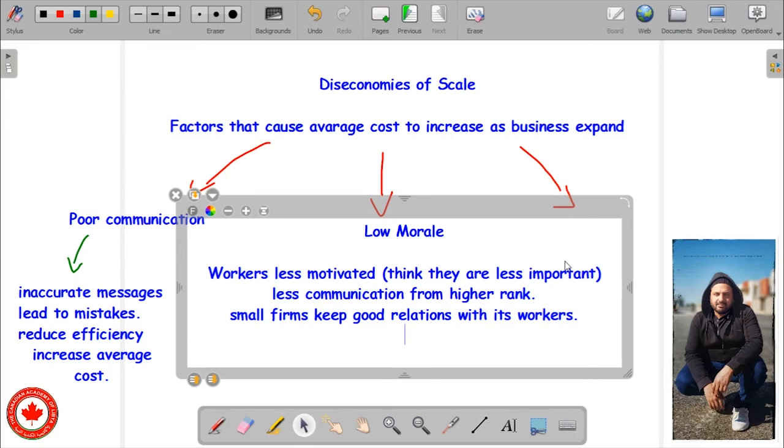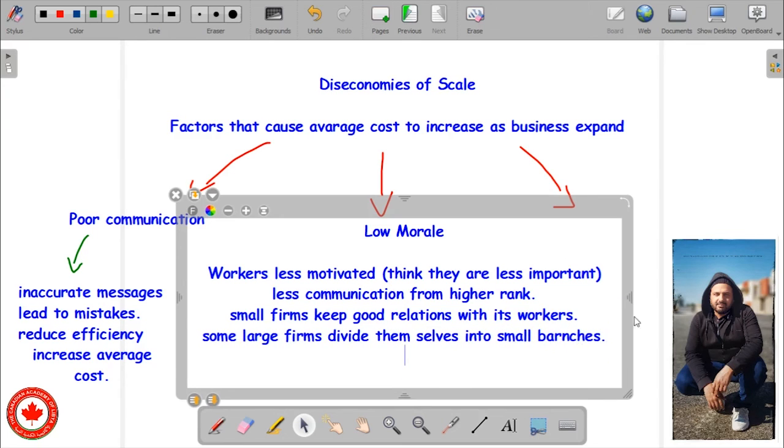That's why some large firms divide themselves into small branches to avoid this effect.